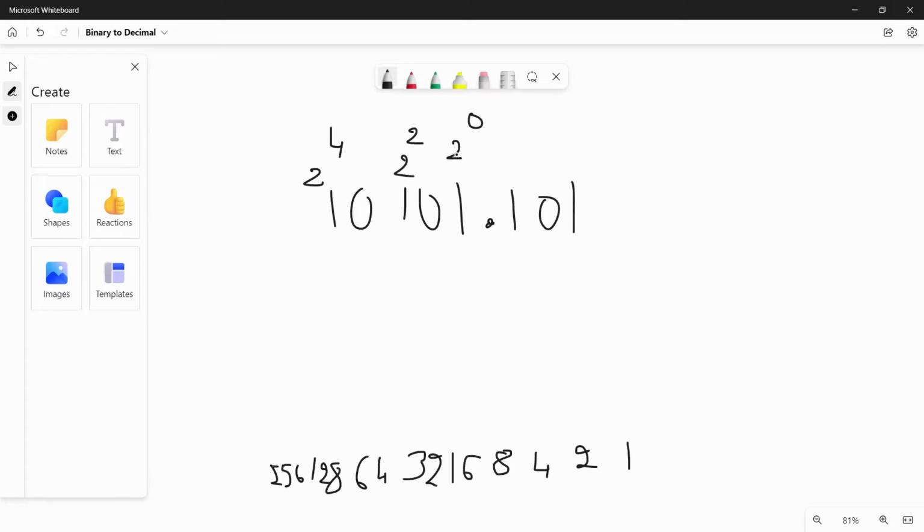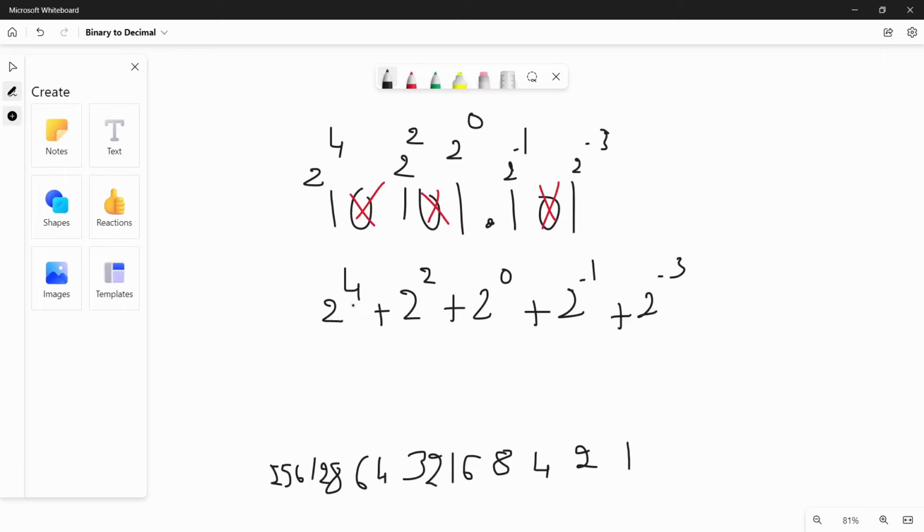So 2 to the power 0 is right here. After it comes 2 to the power minus 1, 2 to the power minus 2, 2 to the power minus 3. So we forget about the zeros, and I put an X on them. And now I'm gonna write down here 2 to the 4 power plus 2 to the 2 power plus 2 to the 0 power.